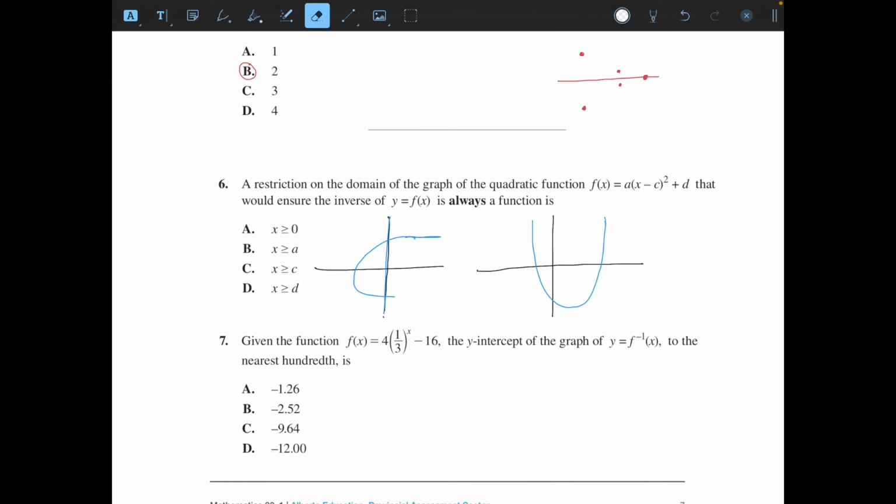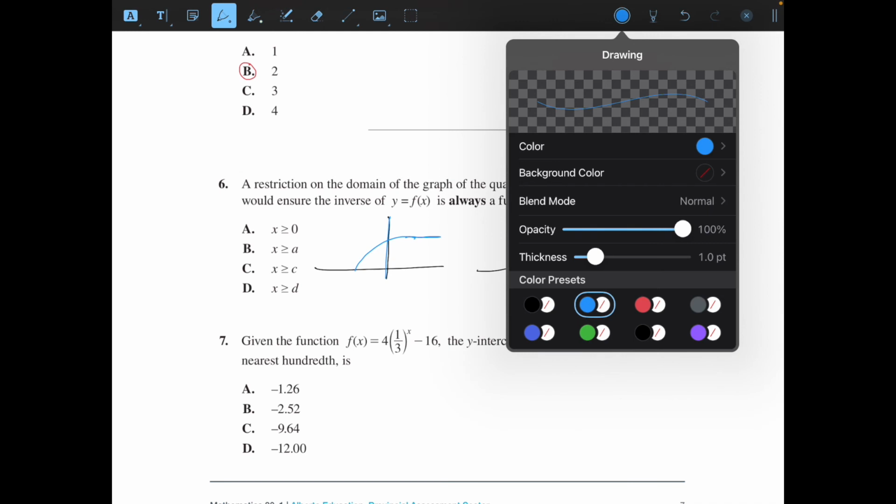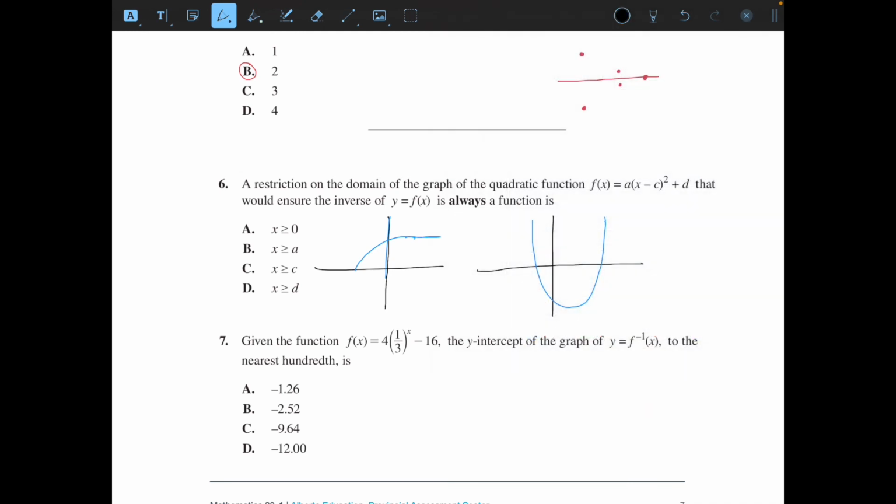You'd have to restrict its domain to something like right there. So do you see how you can solve this problem now? So all we're doing is we're splitting the parabola in half because we don't want the bottom half. The bottom half makes the inverse not a function.